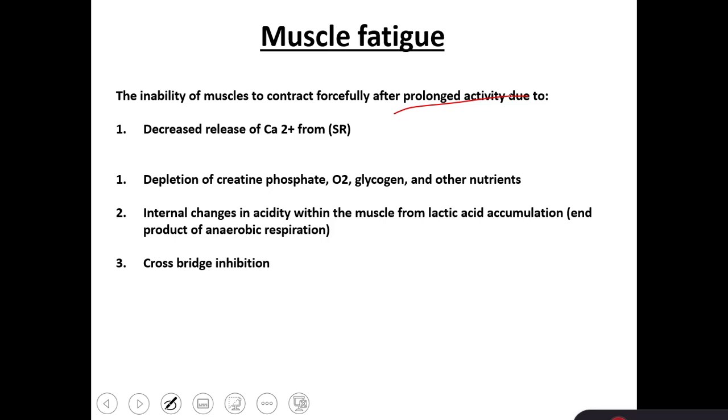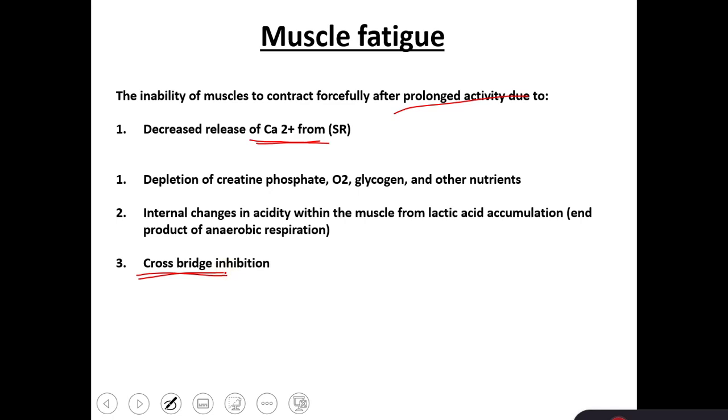Because here you have a decreased release of calcium, and the calcium is really required for the contraction to happen. The creatine phosphate, oxygen, glycogen, and other nutrient resources are now depleted. You need to restore them. Also, the internal acidity within the muscle from the lactic acid accumulation contributes to the muscle fatigue, as well as inhibition of the cross bridge.